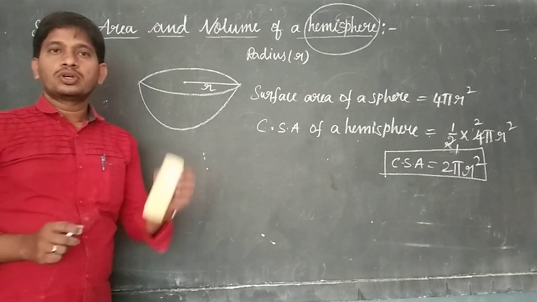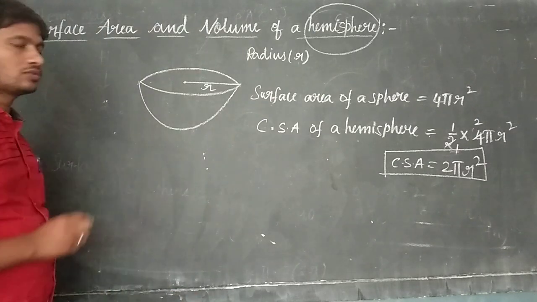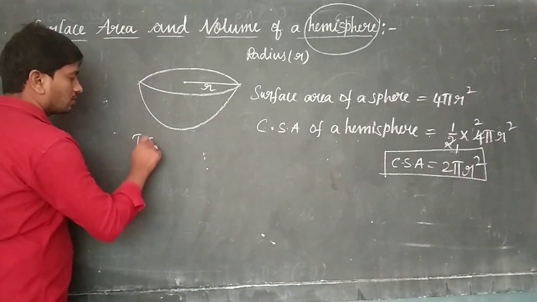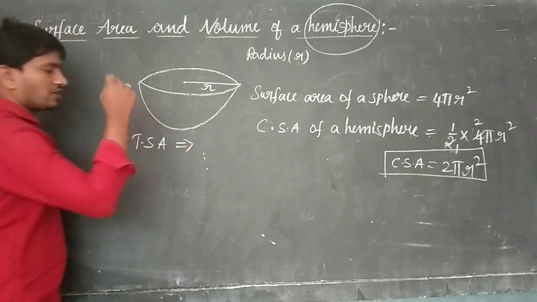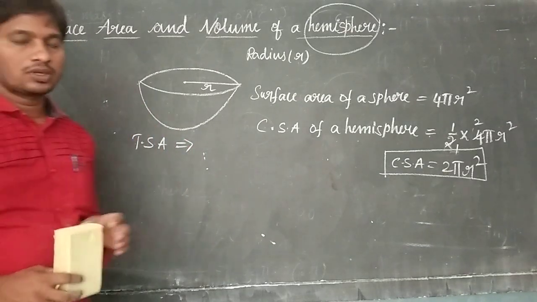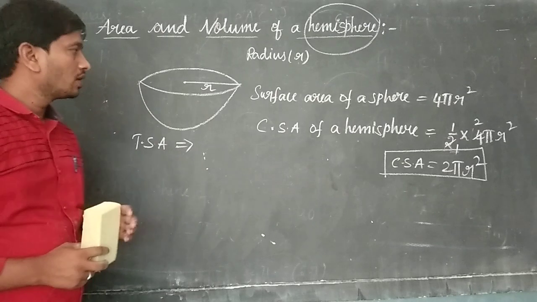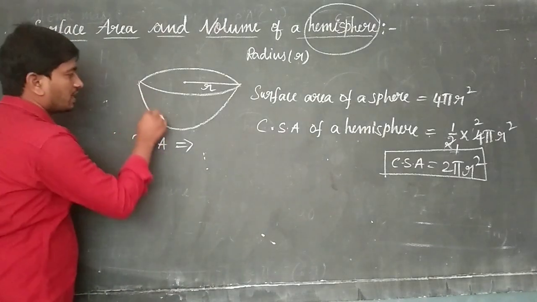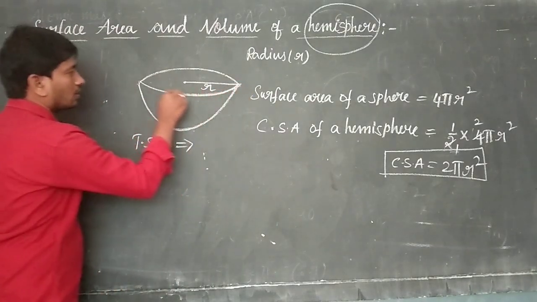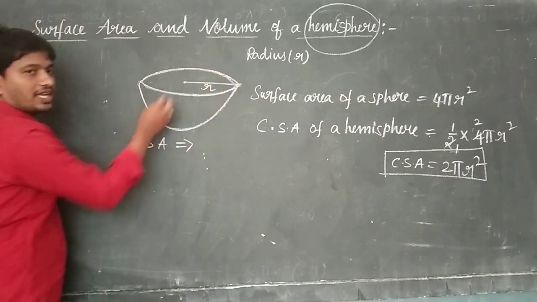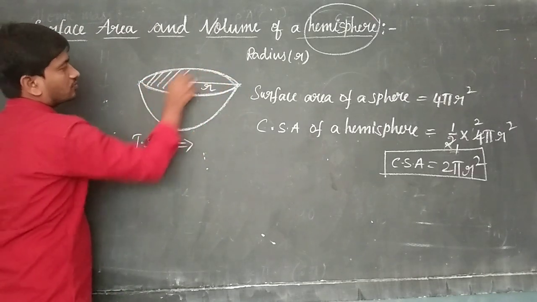Now coming to total surface area. What is the total surface area of a hemisphere? If you observe here, this is our hemisphere. It has our top face.